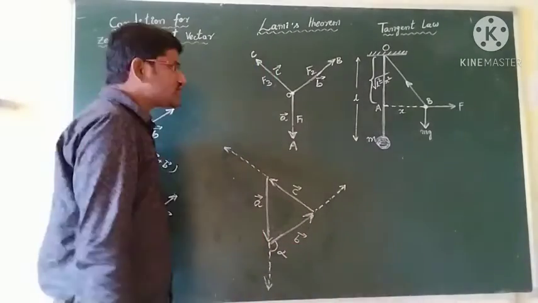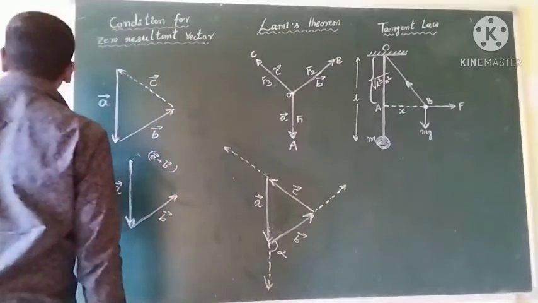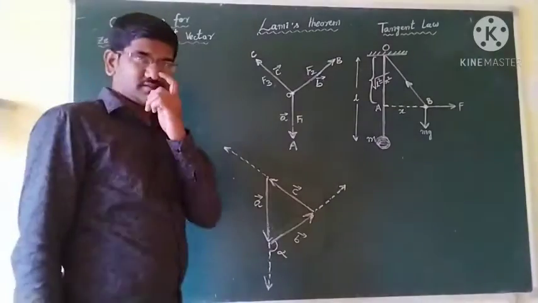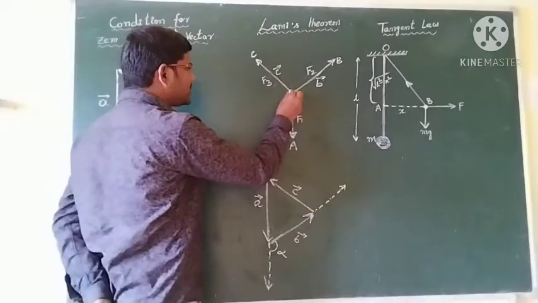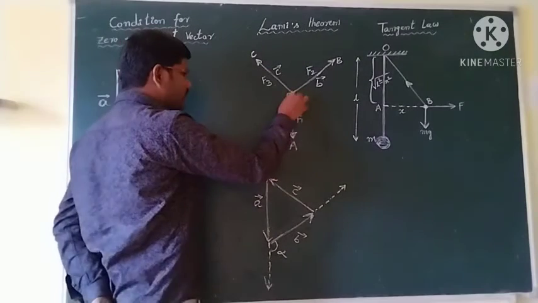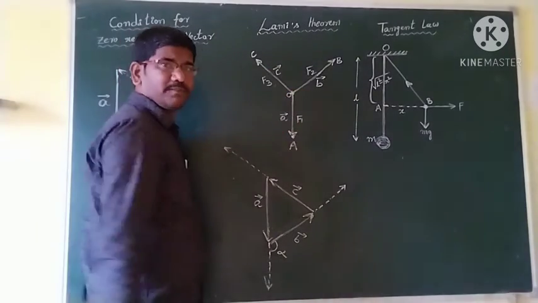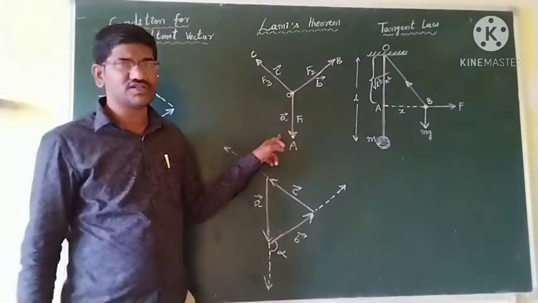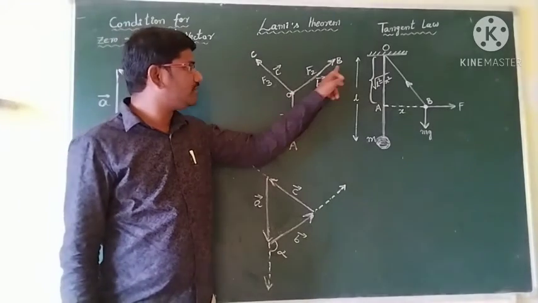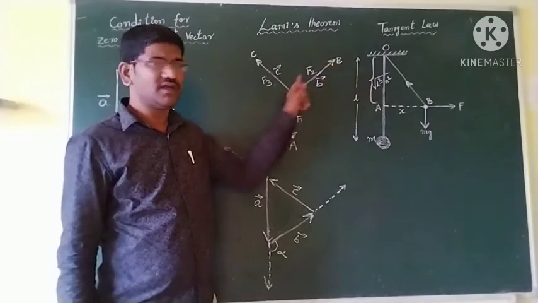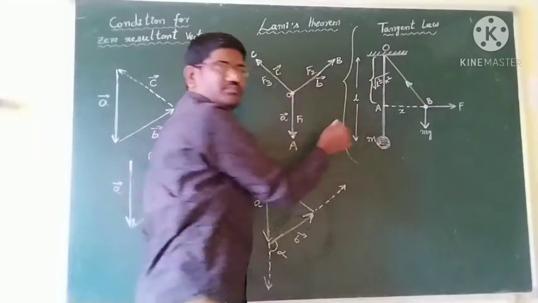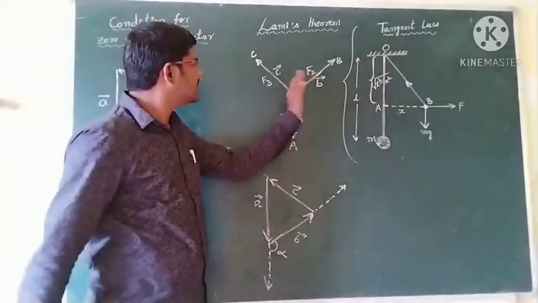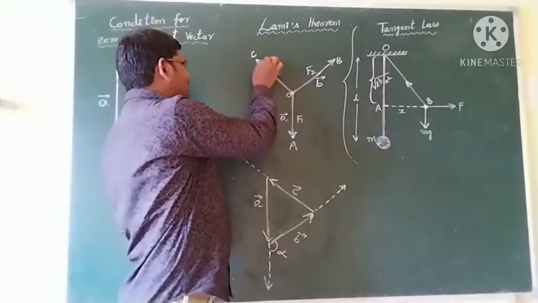See, my dear students, here I am taking three forces. This is a point O, and on this point O, the first force A bar is acting like this. A bar is acting in the downward direction, and from the same point B bar is acting in this direction, and C bar is acting in this direction.